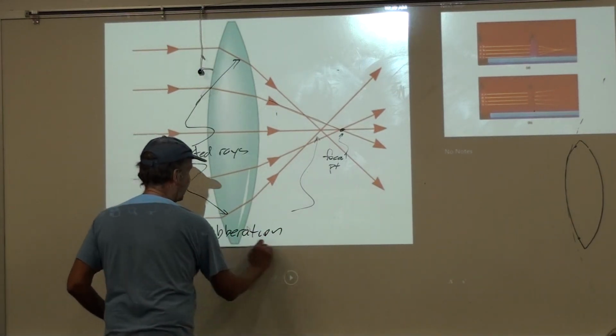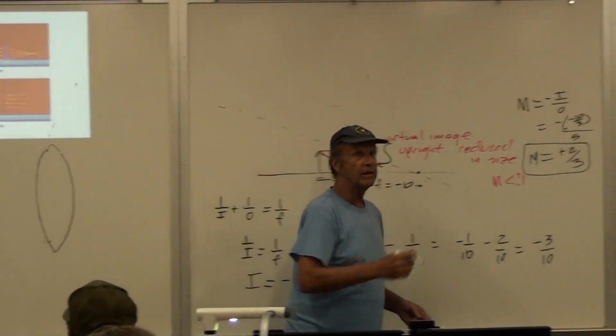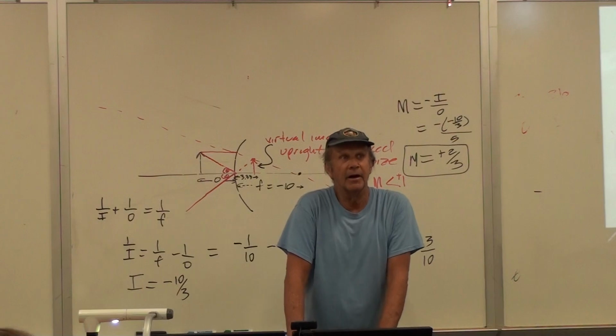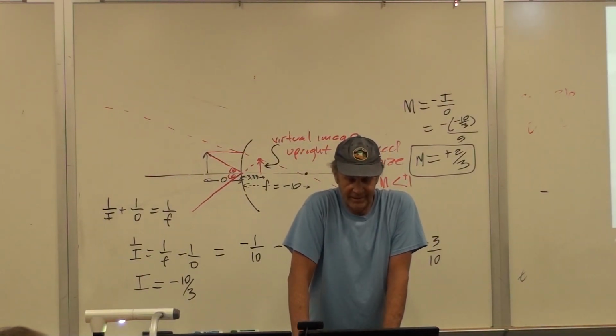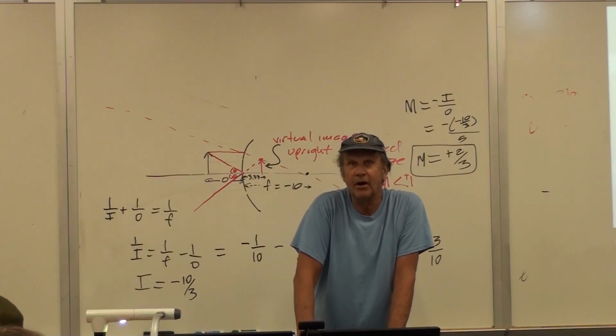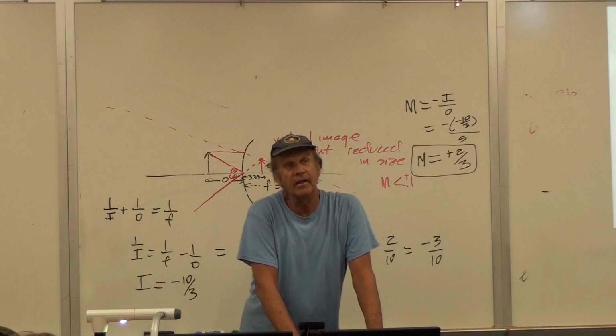Now, it turns out that you have the same sort of problem with curved mirrors. The Hubble Space Telescope, our original telescope that was able to open our eyes to so many things in the universe, had a spherical aberration in it.